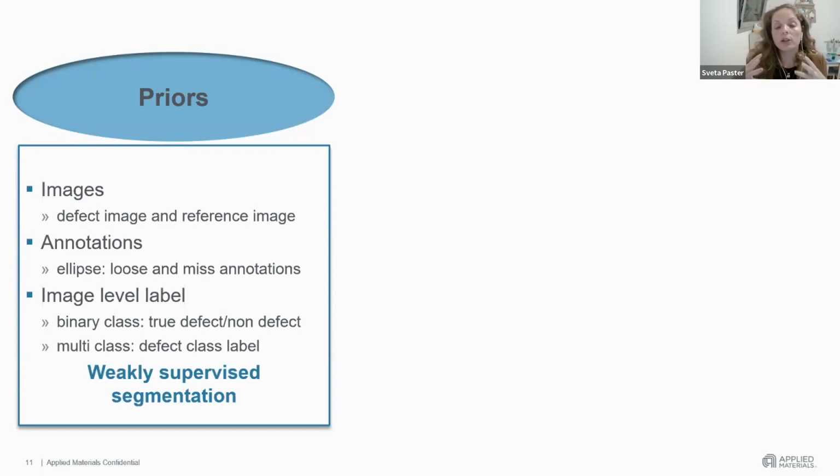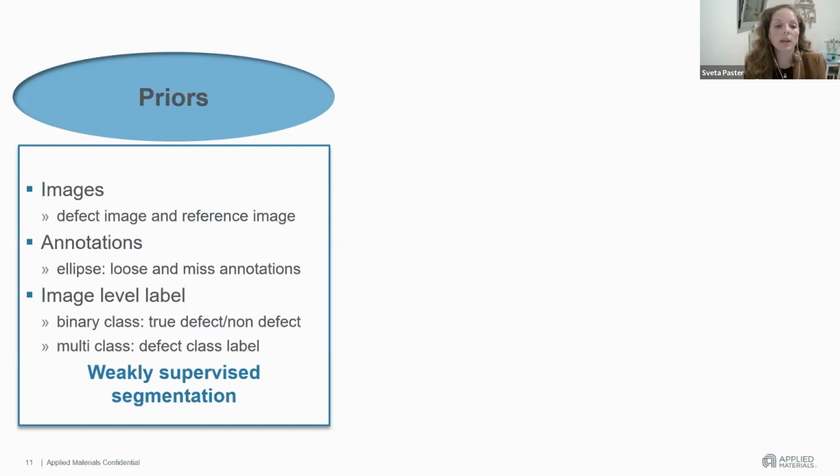And if we don't have a defect in our defect image, because remember that I said that we are scanning a candidate's area, we're not promised that we'll see a defect there, and there are scenarios where we don't see a real defect in the defect image, and then we can cluster them as non-defect. This is one set of image level information that we can get.